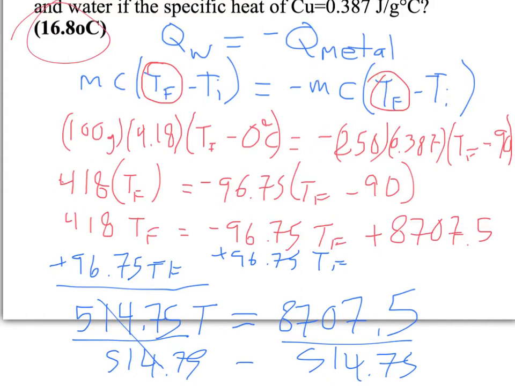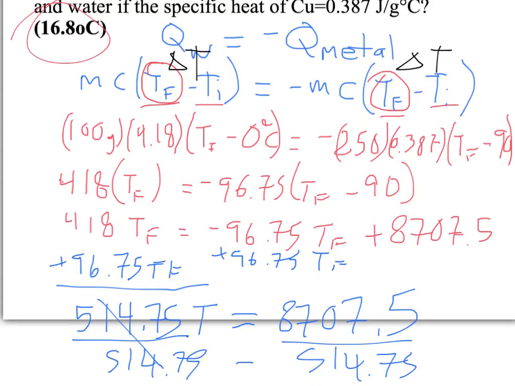Unlike many times, we have to be very careful about our minus sign here because this is heat leaving. Delta T, which normally we just write delta T in here, right? Delta T for the water and delta T for the metal. Delta T is split up into the TF and TI, and we have to be very cautious about these minus signs and get them in the right order.